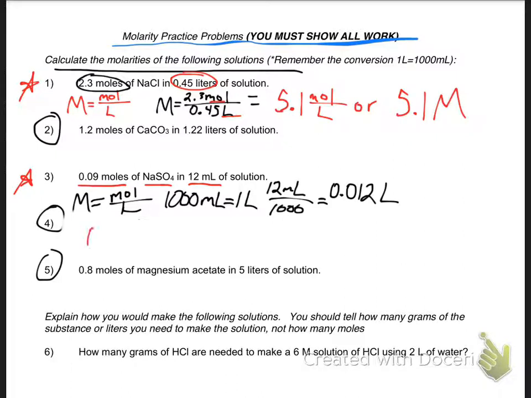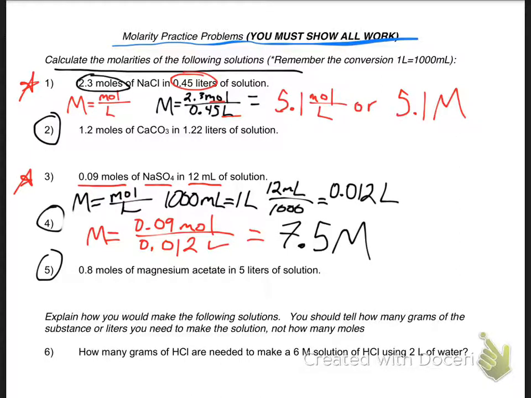So molarity equals moles, so 0.09 mole divided by 0.012 liters. I put that in my calculator, and I get 7.5. And I'm just going to put an M afterwards for molarity. There you go. So now you do number 4 and 5.